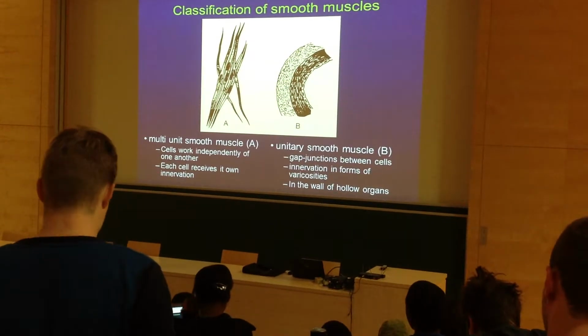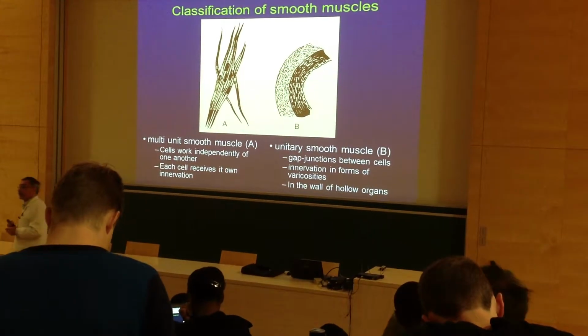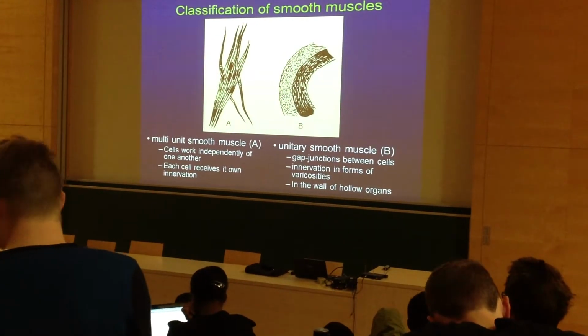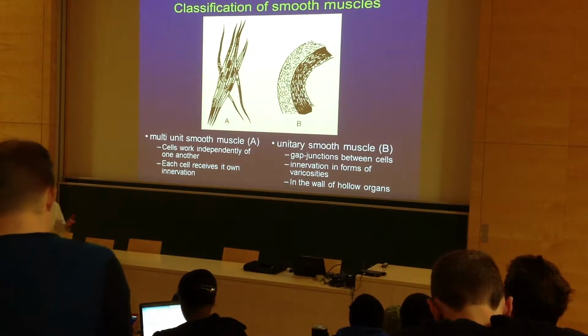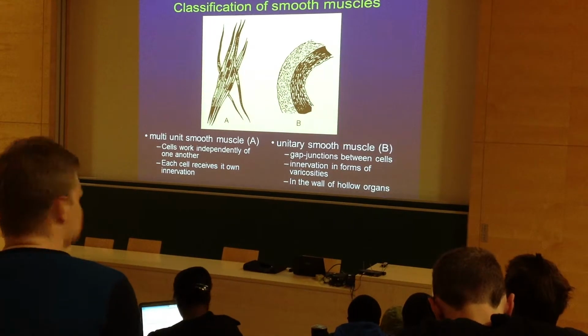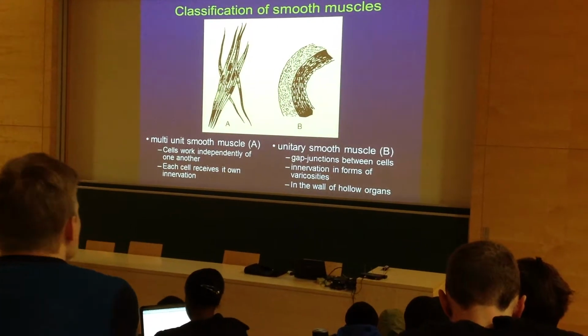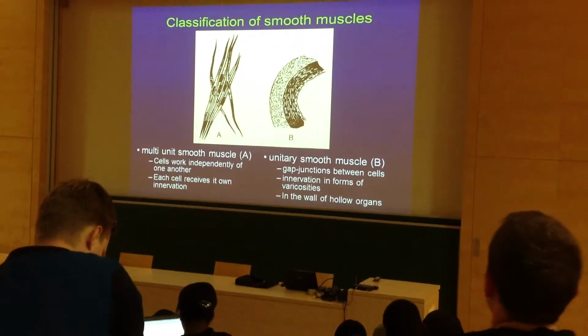Why do we call this smooth muscle? Very simple. Smooth muscles do not show any striations under light microscopy or polarized microscopy, so we call them smooth. Where do we find these smooth muscle cells?